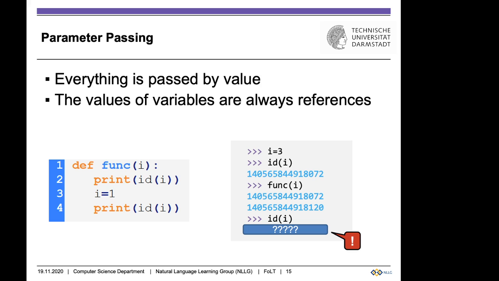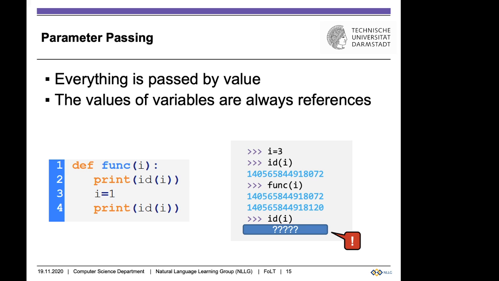And notice that we can treat the identity of a variable as the address of the variable. So with the id function, we can get the address of a particular variable, and then we invoke the function with the parameter i as the input.